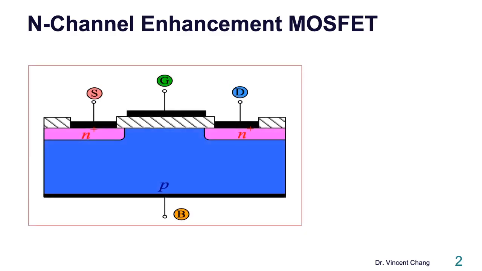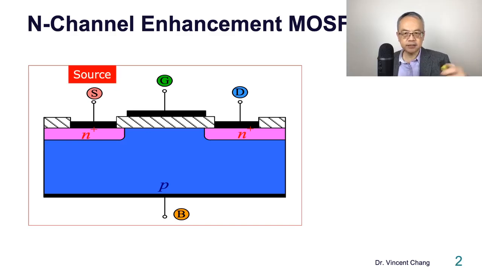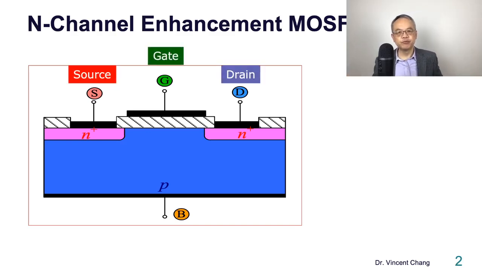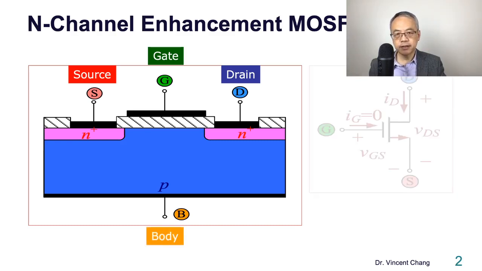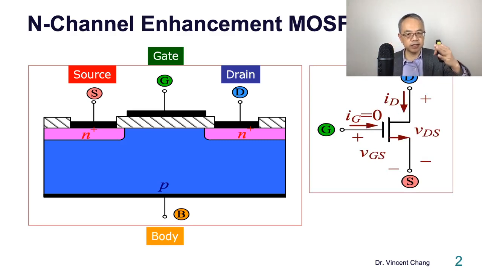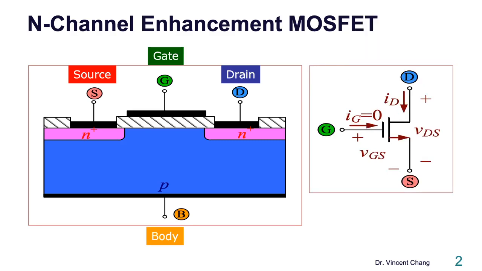The device structure is shown on the left-hand side. It's the N-channel, 4-terminal device: source, gate, drain, and body. On the right-hand side is the circuit symbol: source, gate, drain.